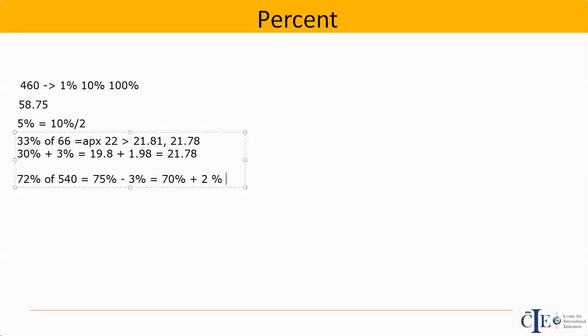Or it can also be seen as 80% minus 8%. So it all depends how you would like to break it out. Whether 75 minus 3, 70 plus 2, or 80 minus 8.